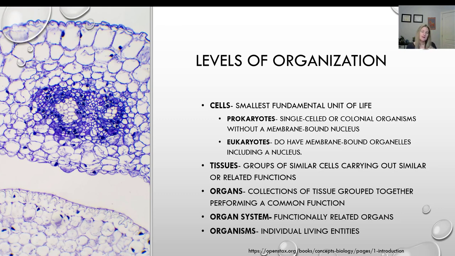If I take a collection of cells that are similar in structure, function similarly and work together, they might be what we call a tissue. Tissues are a higher level within life's organization, being groups of similar cells carrying out similar or related functions.